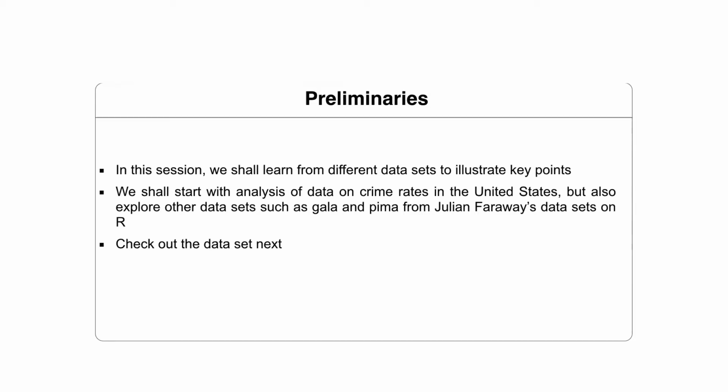One of the ideas was that I wanted to start analysis of some data on the crime rates in the United States, but I found that there could be some better data sets. For example, there are data sets in Julian Faraway's package, which you've been using for a while, the Faraway package, and they had data sets such as Gala and Pima.